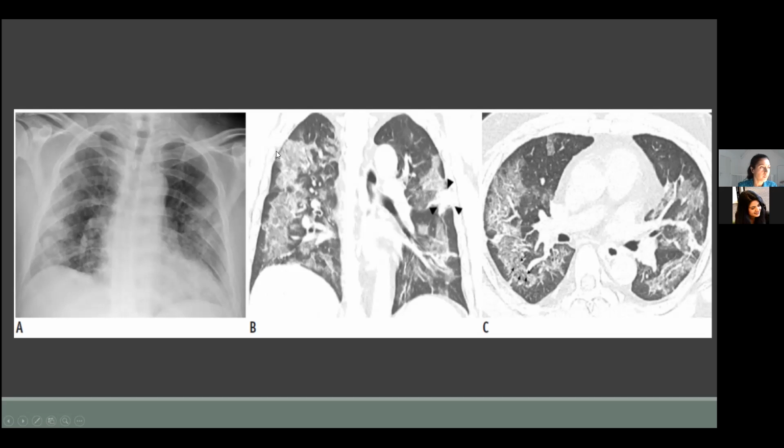You see peripheral orientation of the consolidations, and if you look at the chest X-ray, you see the same consolidation as seen on the CT scanner.